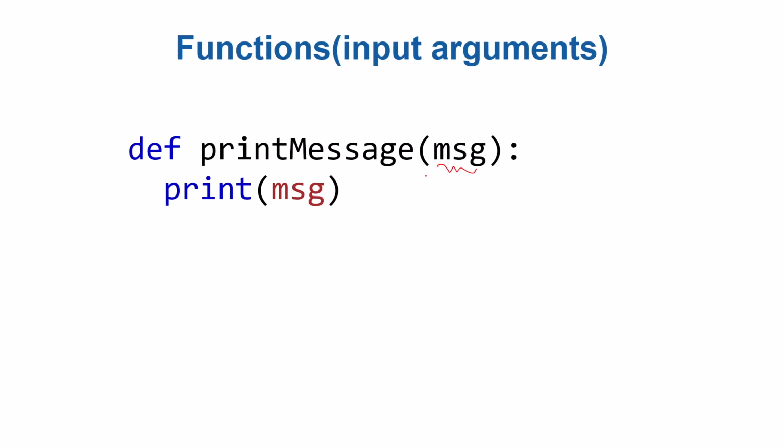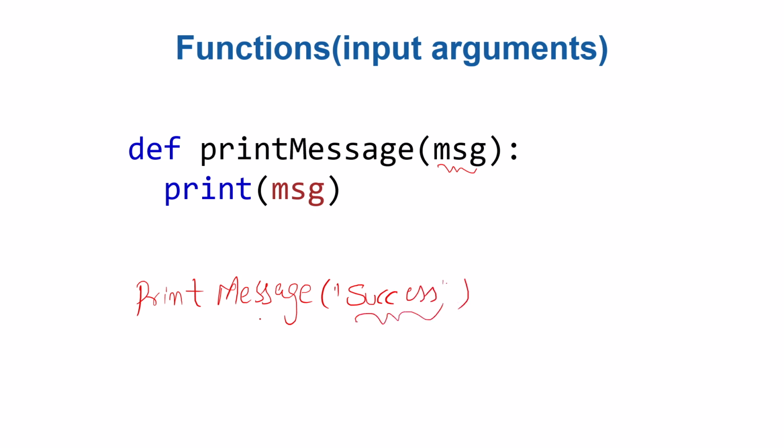Just take a simple example. Let's say rather than having a function print success, we have a function print message, and it prints whatever message it receives. At the call time, for example, we call print message and let's say we pass success.